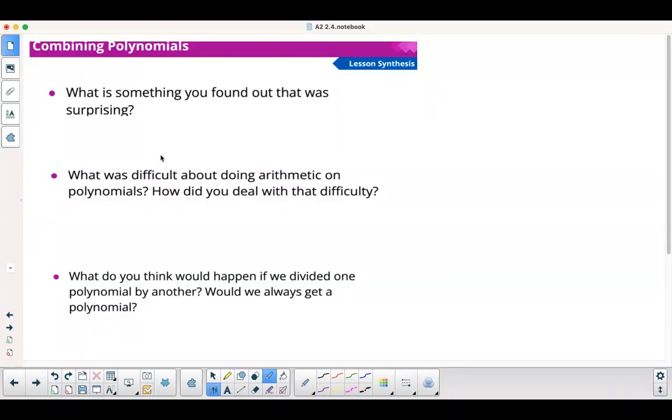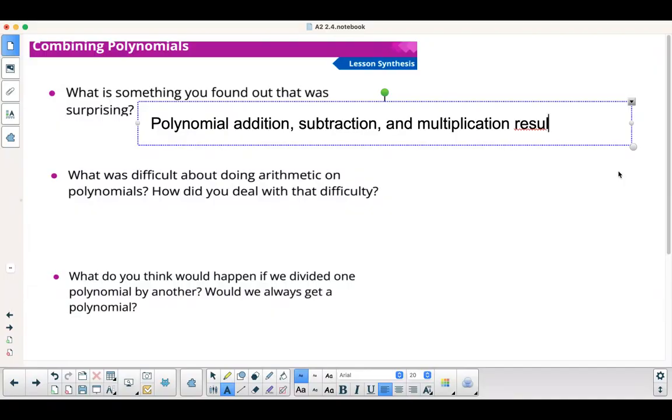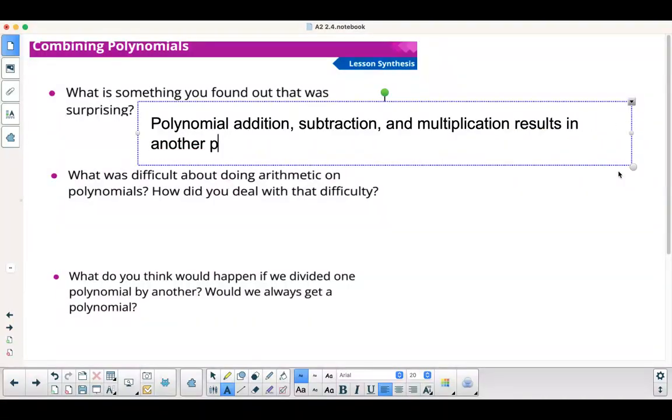I don't know if it's surprising, but something that you found out today is that polynomial addition, subtraction, and multiplication results in another polynomial, similar to how integers work.